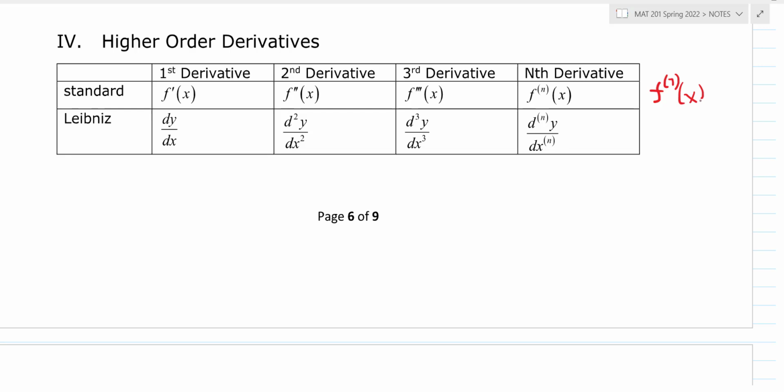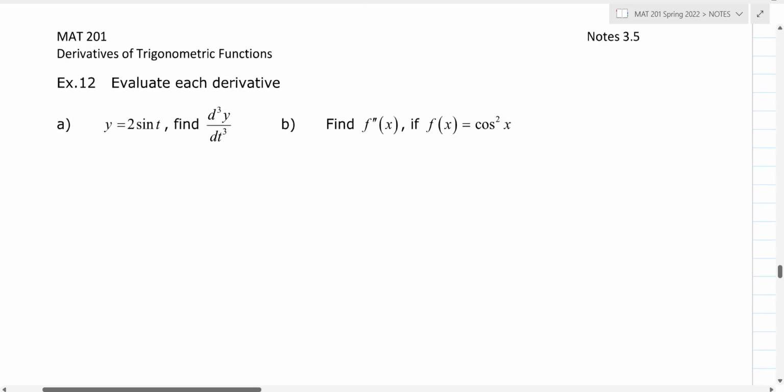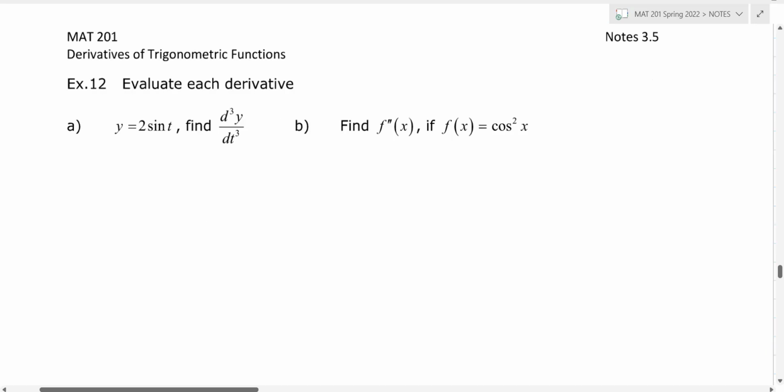So higher order derivatives are used for estimating further and further decimal points of radicals, logarithms, all kinds of irrational numbers. That's something you'll see. What we're going to be working on mainly is just crunching out some higher order derivatives.